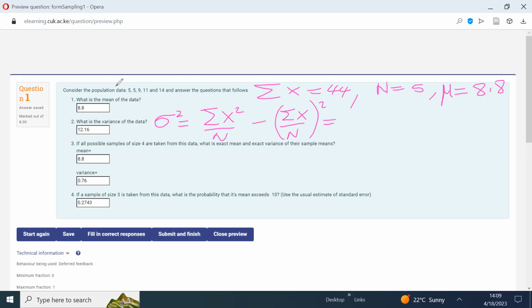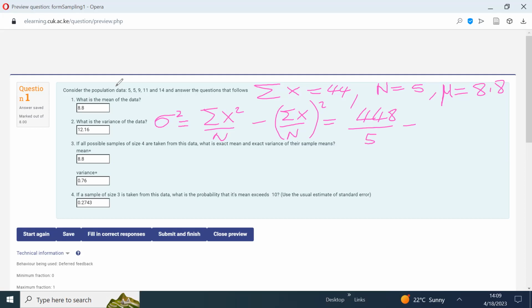So the first part, I will square each value, then we get it here. So I will have 5 squared plus 5 squared plus 9 squared plus 11 squared plus 14 squared. That gives me 448 divided by 5 minus the other one.